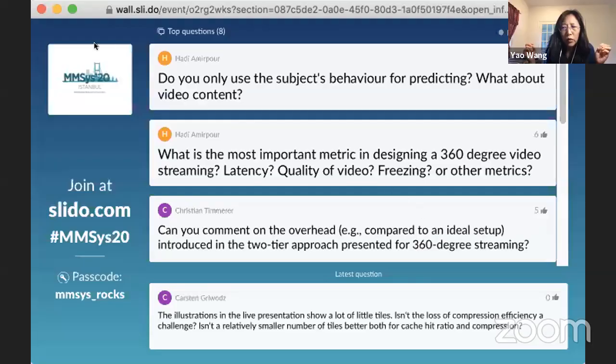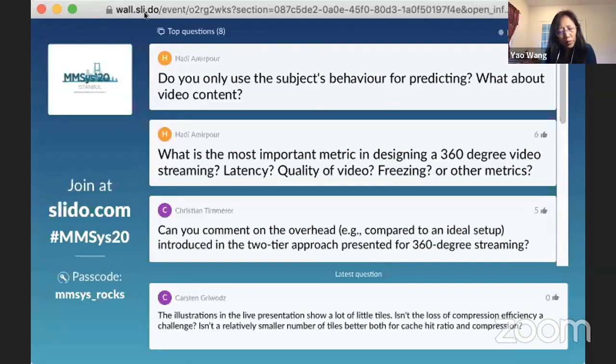And we, of course, also have to minimize freezing. If you go into some of the actual papers, we formulate this expected quality, which considers all of this.